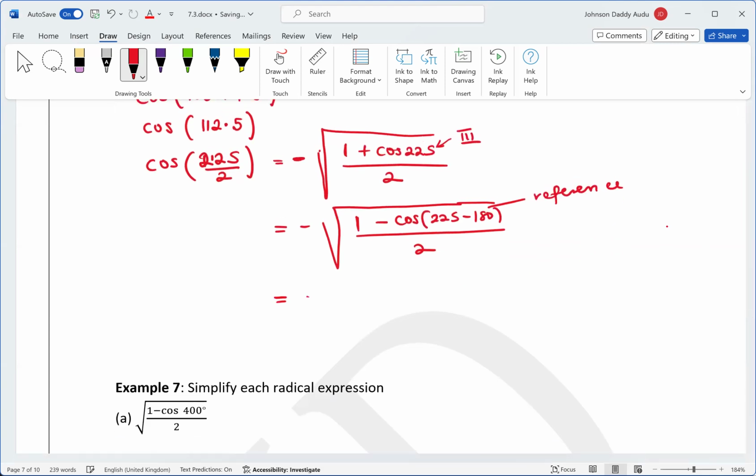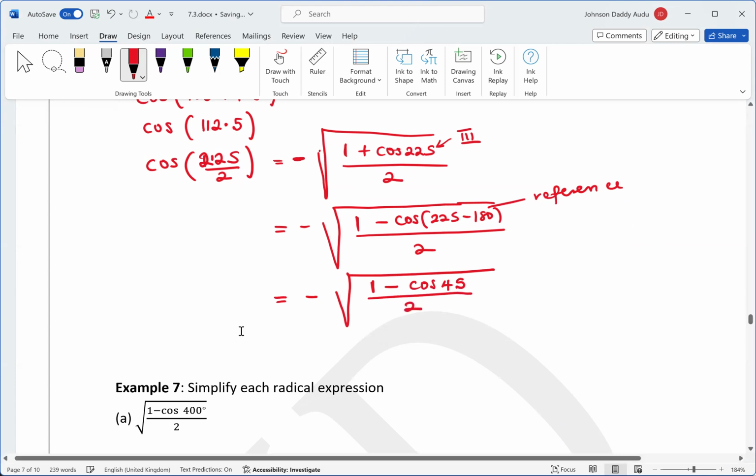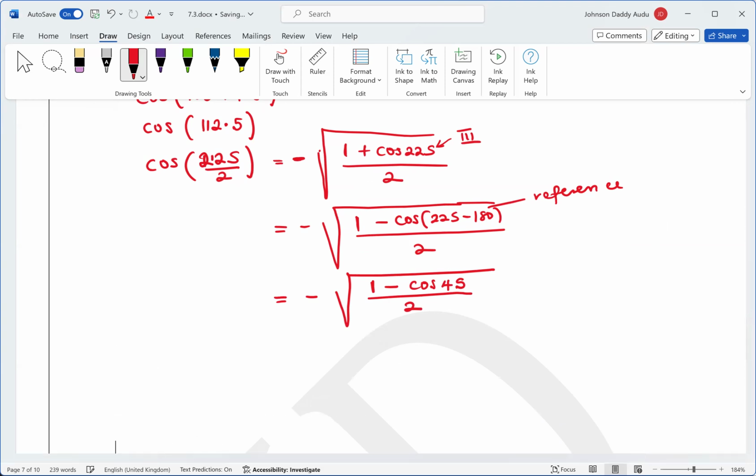Now this is minus, so this will be 1 minus cosine of 45, over 2.